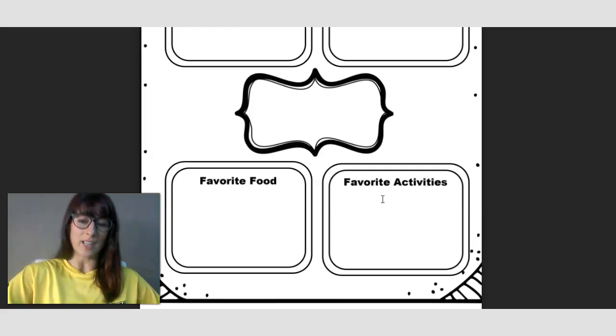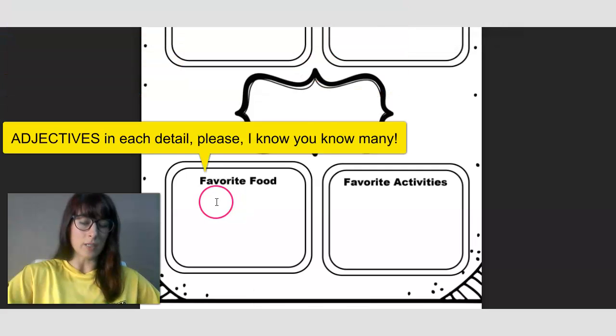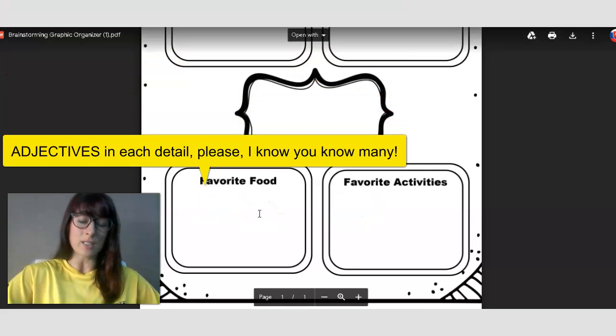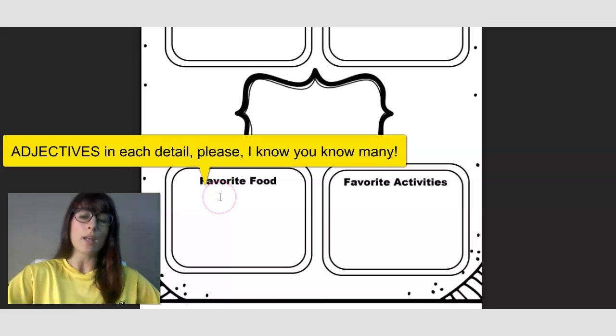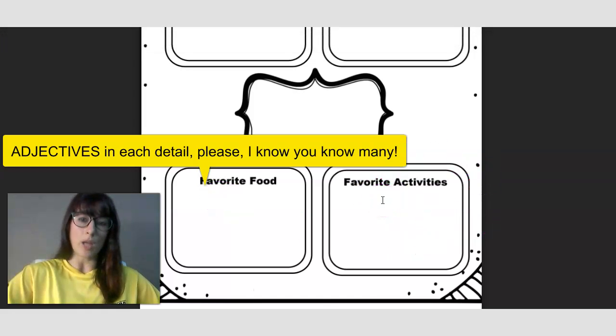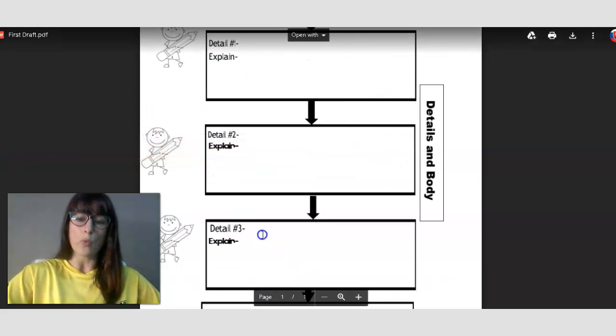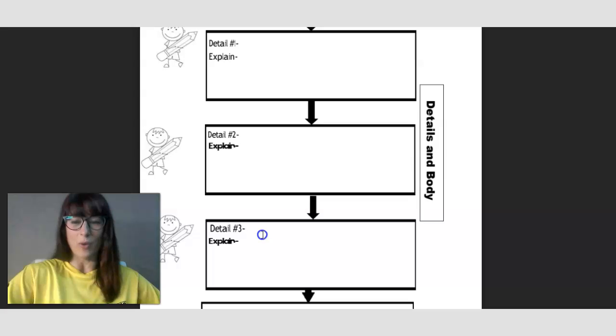Okay, scary is an adjective, so I need you to add, please, adjectives into each of these sentences that you write. So if you decide on this one, make sure you have an adjective, or if you choose favorite activities, make sure that you put an adjective in that sentence. Okay, are we clear about this? So that's what you will be doing in these details here. Only 3, so one of them you have to just let go. Okay, so pick 3 out of those 4.